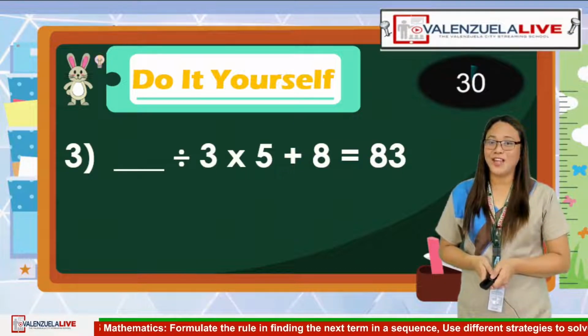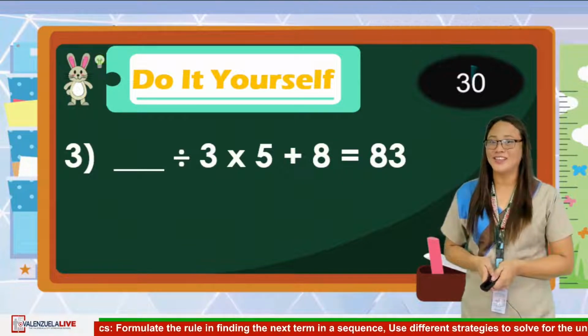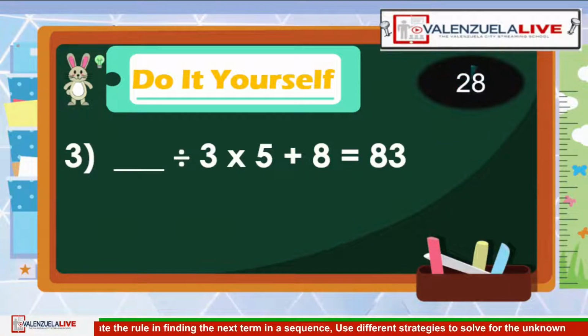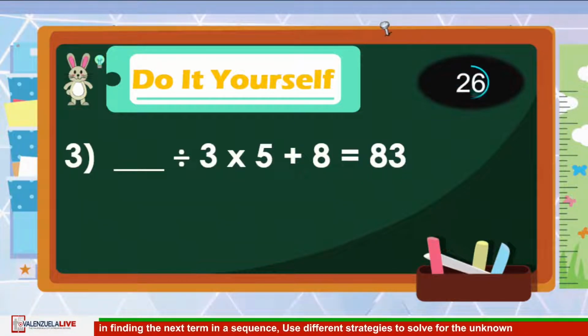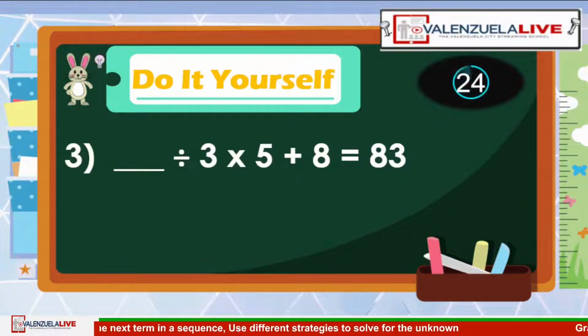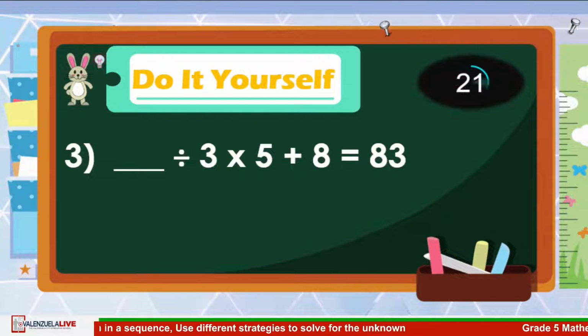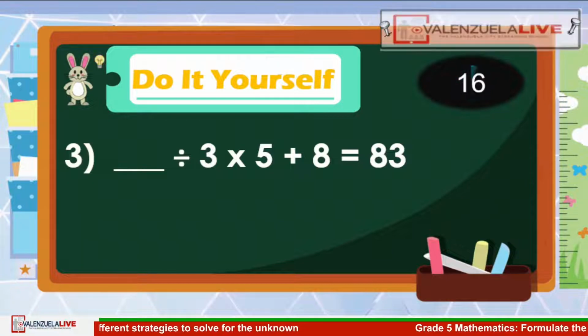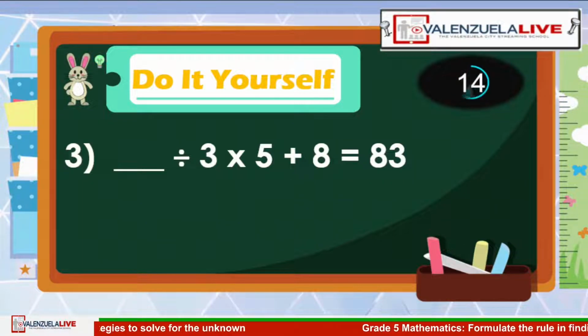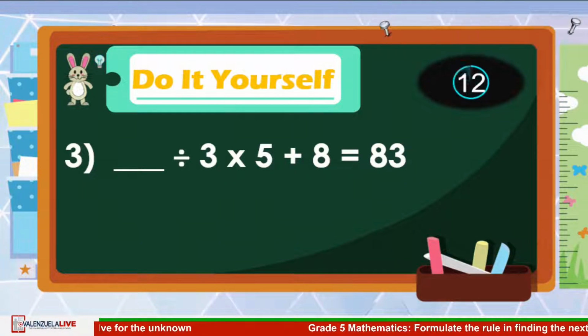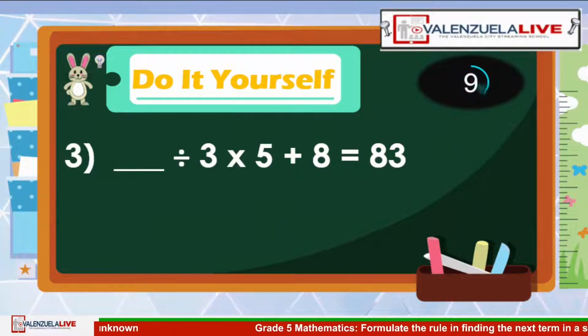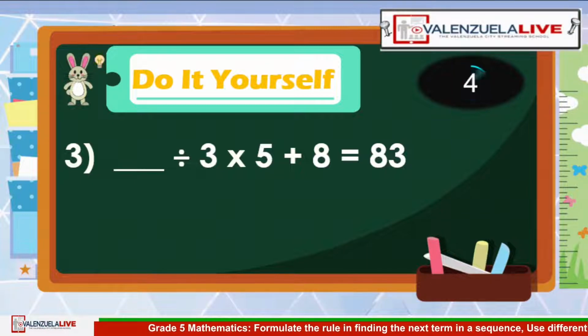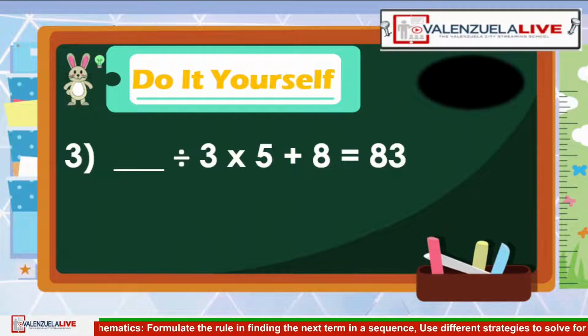All right, let's go to number 3. Okay, find the unknown. I'll give you another 30 seconds. Okay, time is up.